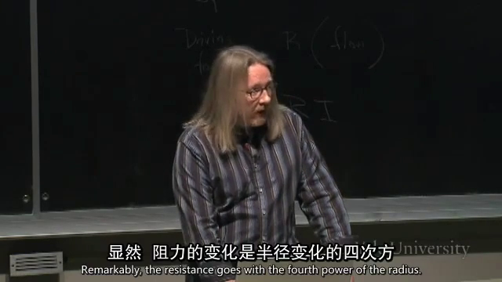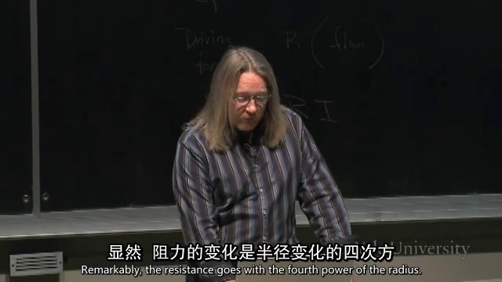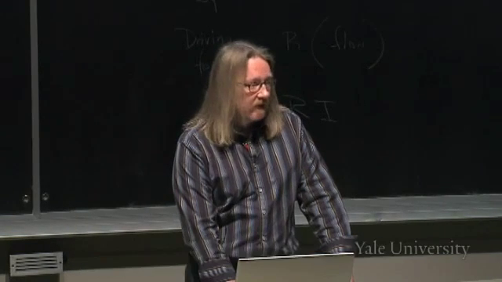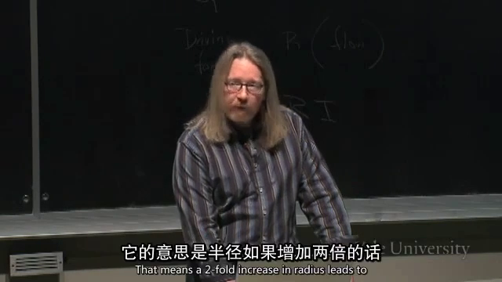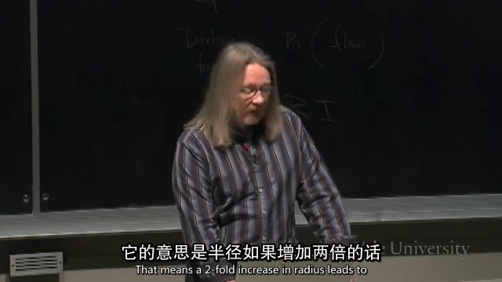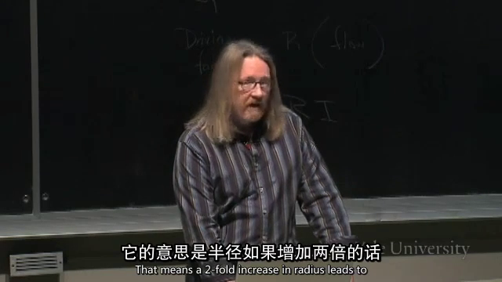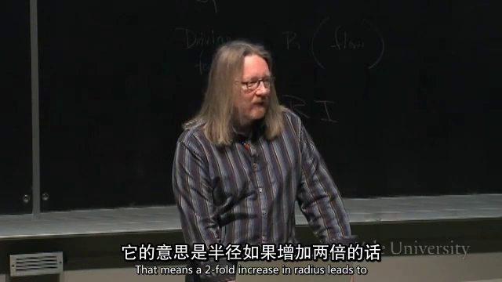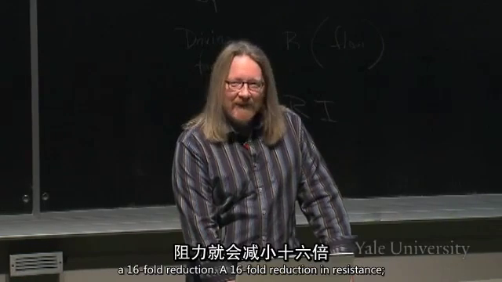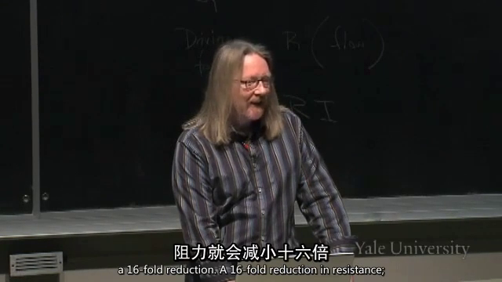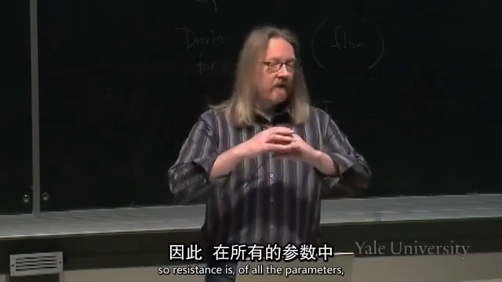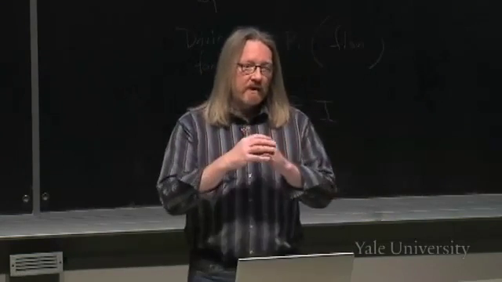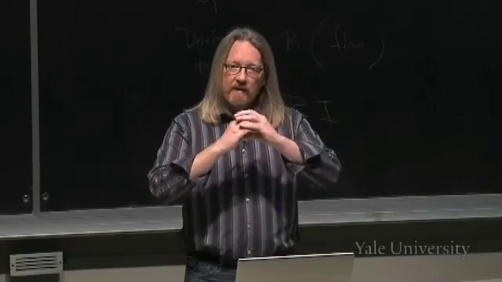And remarkably, the resistance goes with the fourth power of the radius. What does that mean? That means a twofold increase in radius leads to a 16-fold reduction in resistance. 16 is 2 to the fourth, right? So of all the parameters, resistance is most sensitive to radius.